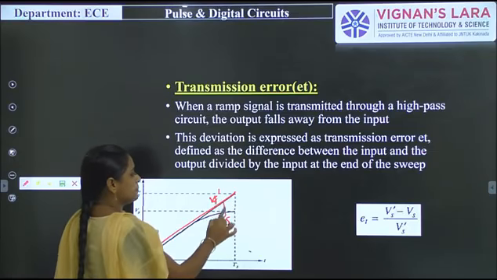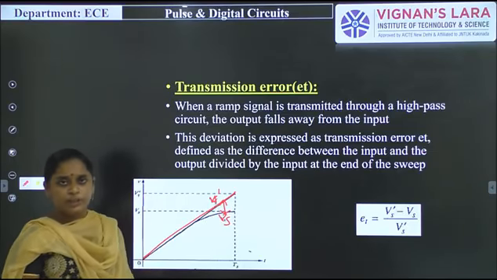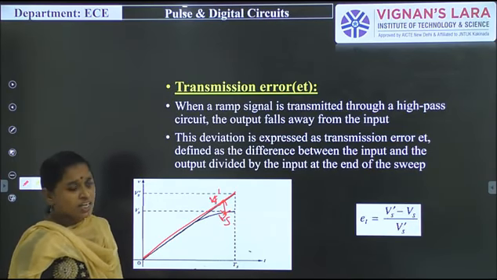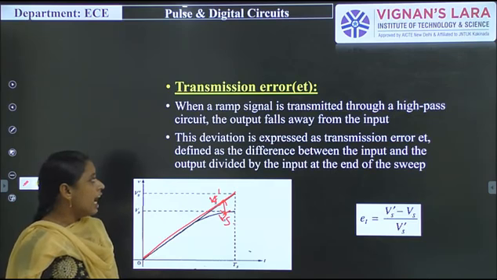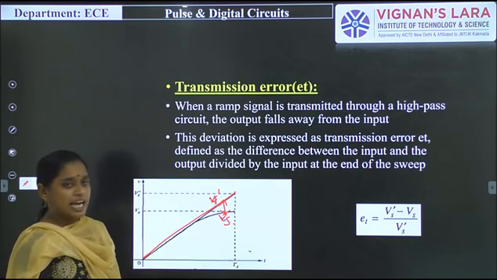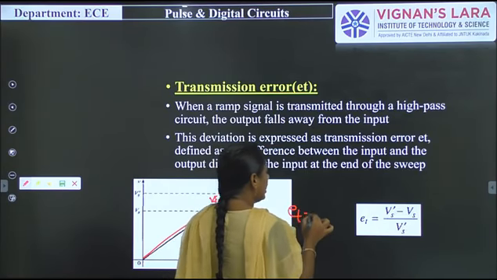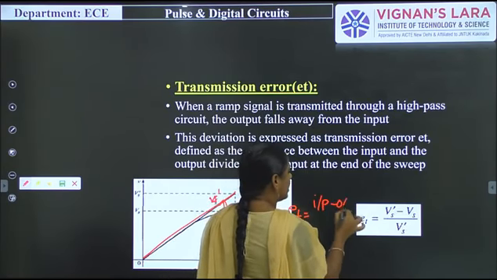Generally the transmission error is indicated with ET, and its definition is ET equals input minus output, divided by input.